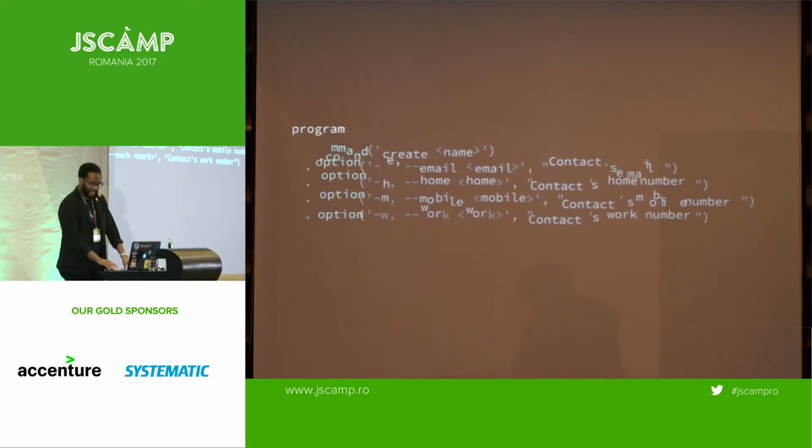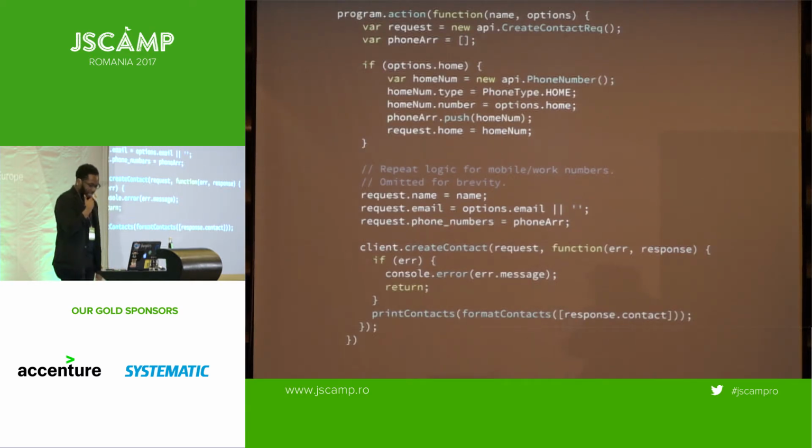And then after that, we can just make an action that takes in all these inputs and this input and its options. And basically, you're seeing that we create a new API.CreateContactRequest, and we create an empty array. And then if options.home, we want to create a new API.PhoneNumber object, set its type to be PhoneType.HOME, once again, that enumeration.